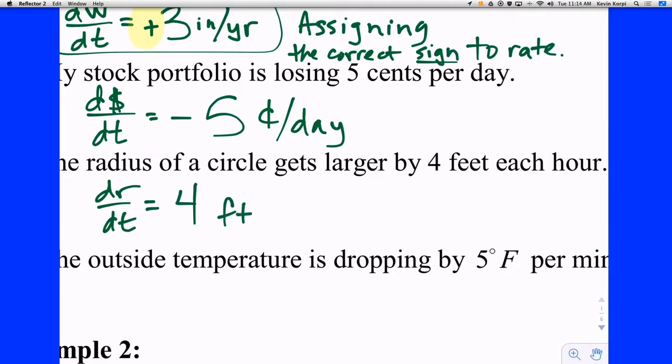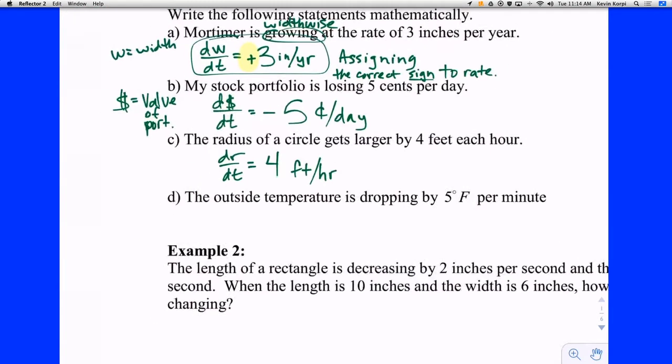So 4 feet per hour. You don't need to put a plus sign in front of it, right? Is it wrong to put one? No. If you want to emphasize the positivity, you can put a plus sign. And if you're excited about it, could you put an exclamation point at the back? No, that's different. Okay, that's factorial in a math class. So anyway, 4 feet per hour, and it's positive.